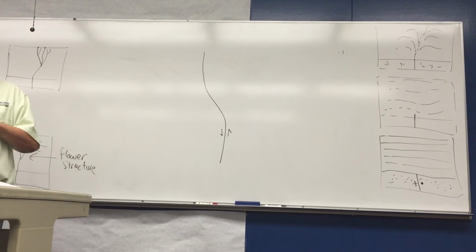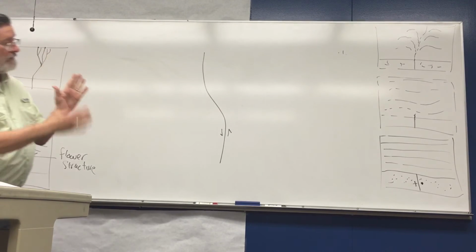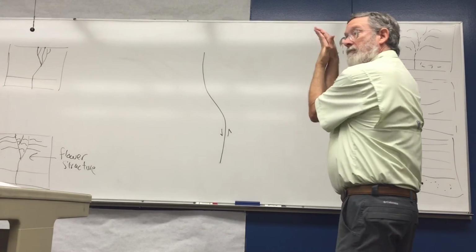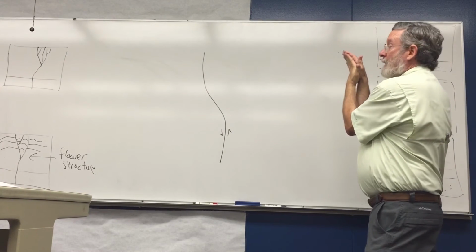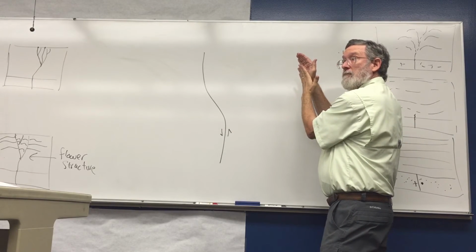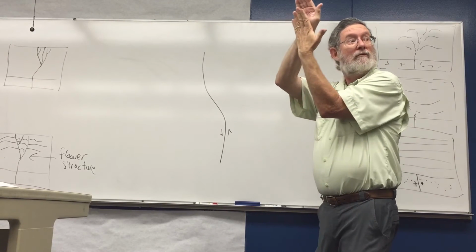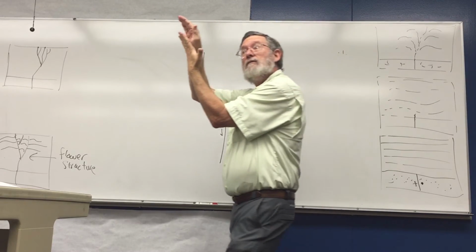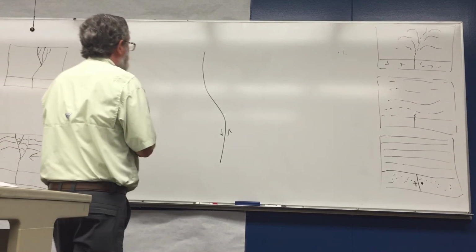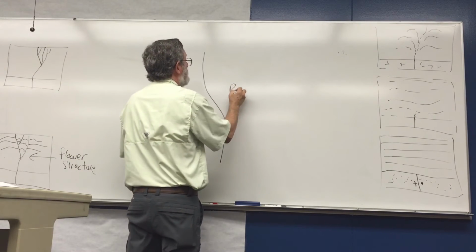Well, if we do that, let's do this. So we have this curvature, right? And this goes up. What happens? We form an opening. We actually have, in this case, what is called a releasing bend.